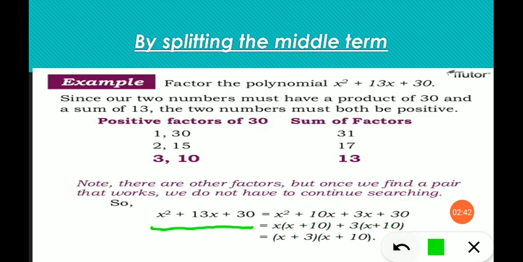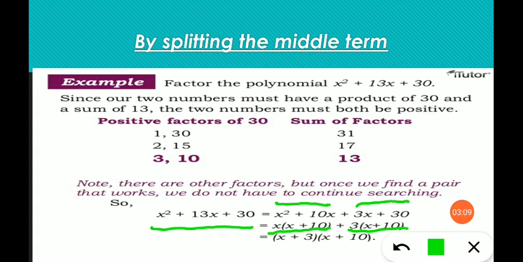Then we will make a pair of two terms, the first two terms and the third and fourth terms, and from there we will take out whatever is common. So in the first two terms x is common, inside we are left with x plus 10. In the third and fourth terms 3 is common, x plus 10 is left inside the bracket.